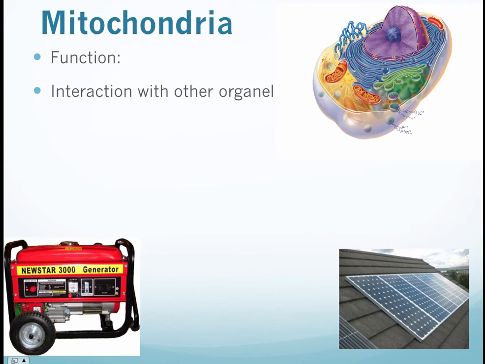The next organelle we have is the mitochondria, and we have two illustrations for this. We have a generator and we have a solar panel. And so what do you think the mitochondria's role is? Great. It's the energy source of the cell.